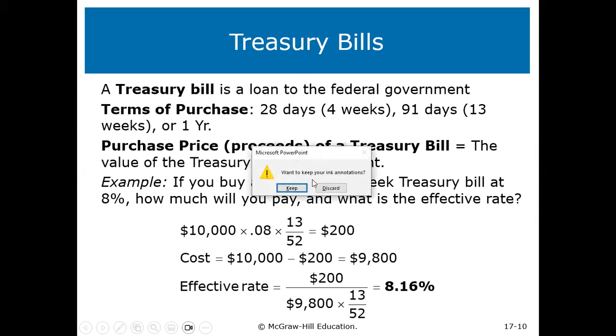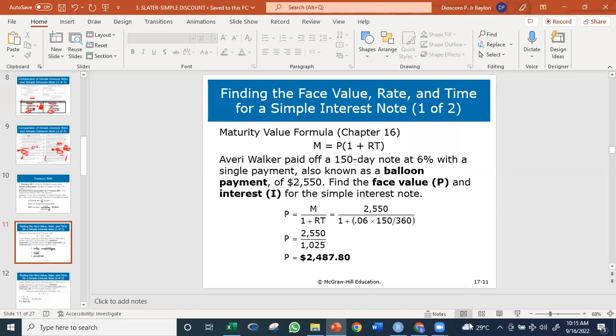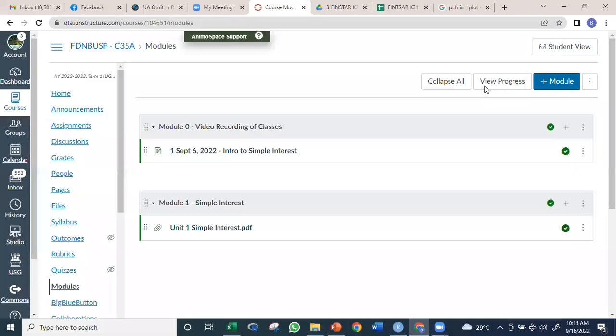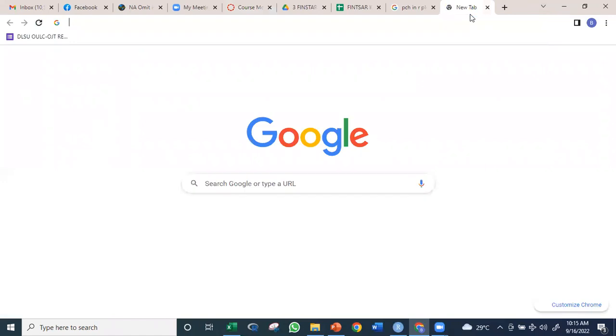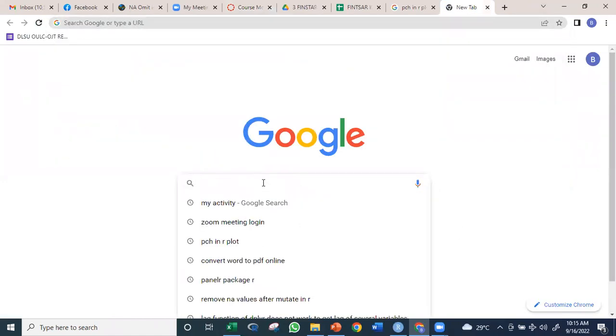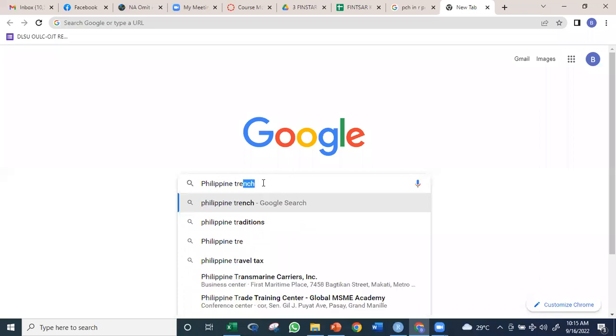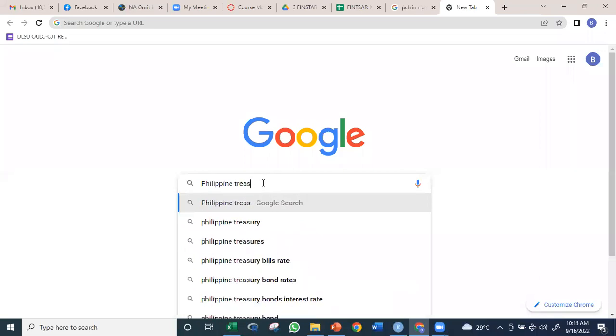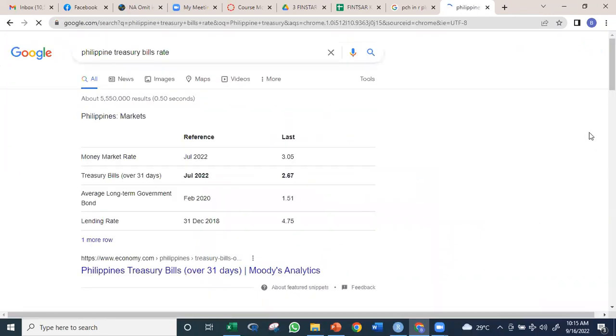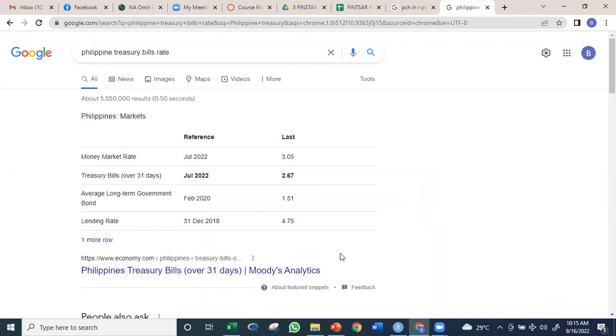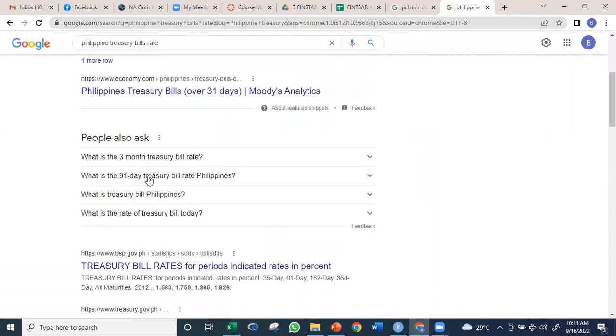Okay, let me just check the tenor, just to be sure. Okay, it's 31 days, and 91 days.